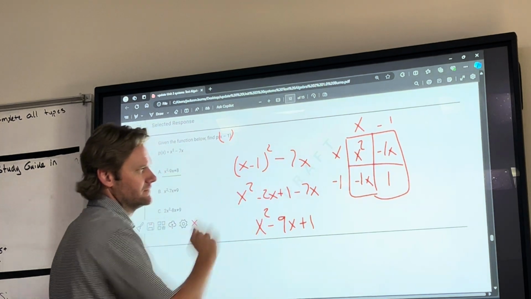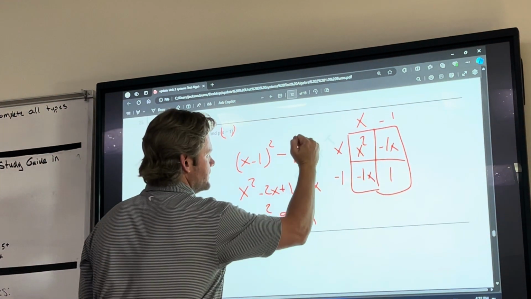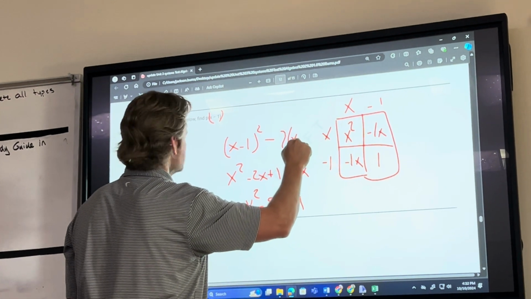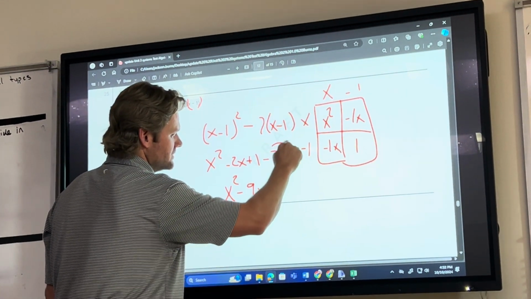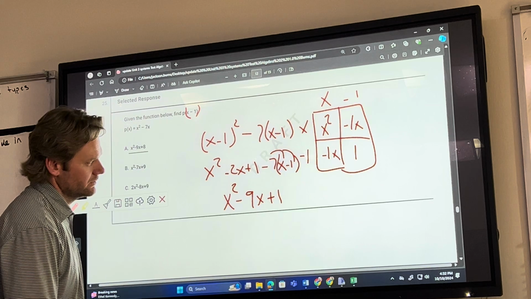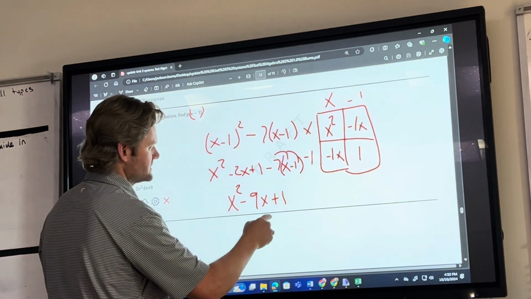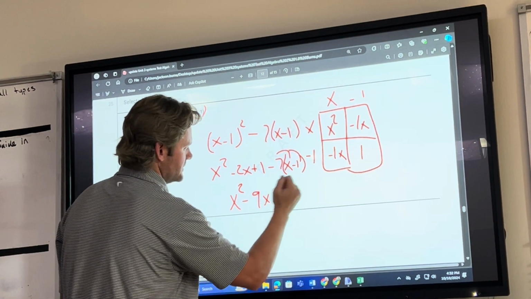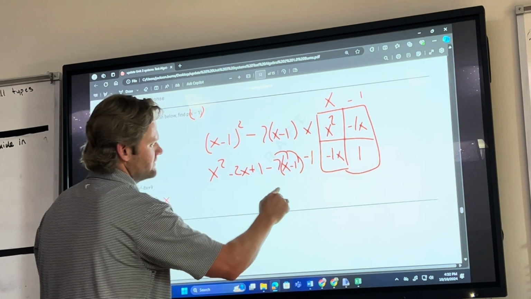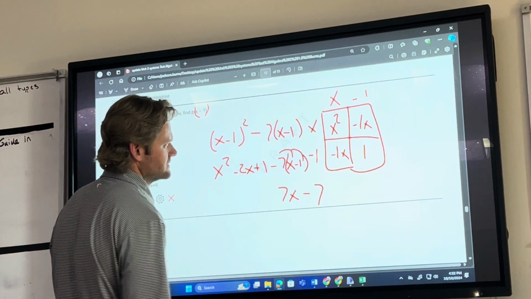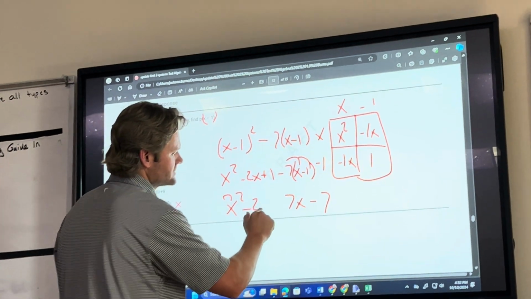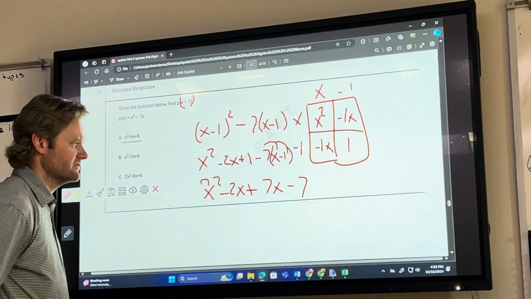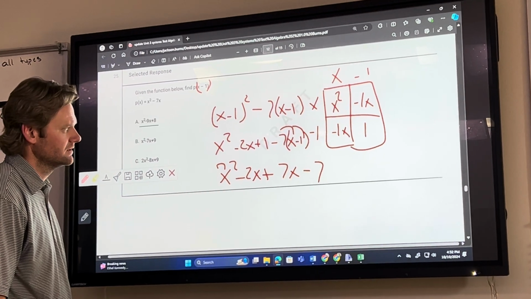7x. Look what I did. I left out my x plus 1 over here. x minus 1, distribute. So this is going to be 7x minus 7. So now I can combine x squared minus 2x plus 1 plus 7x minus 7.